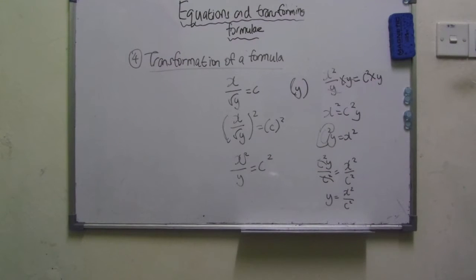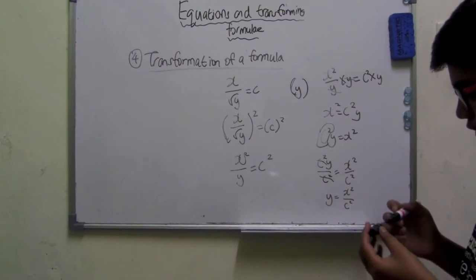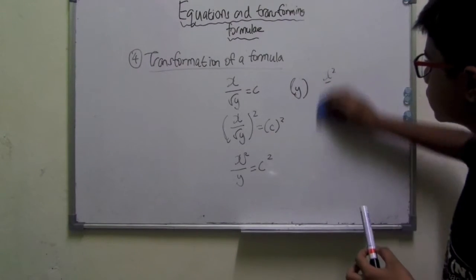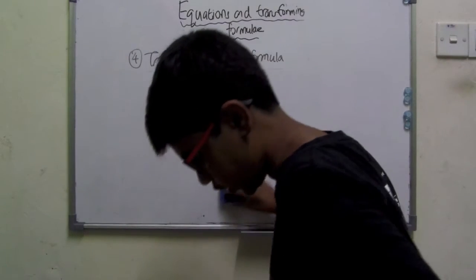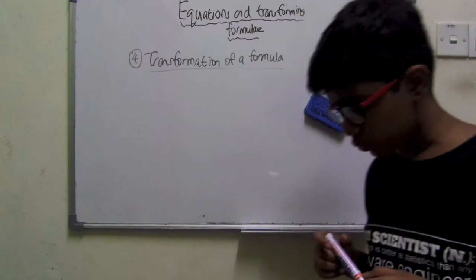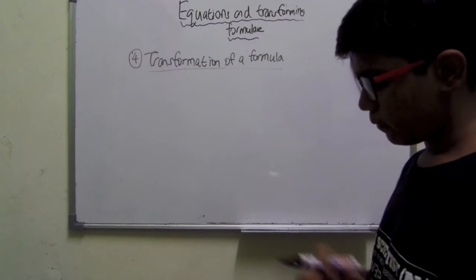There we go. y equals x squared over c squared. Now this is how we transform a harder formula with square roots. You square both sides, you remove the denominator by multiplying the denominator on both sides of the equation, and then you simply work it out. So one last one for us to end this video.